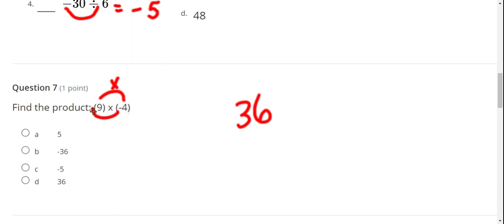And then a positive times a negative was going to keep being negative.